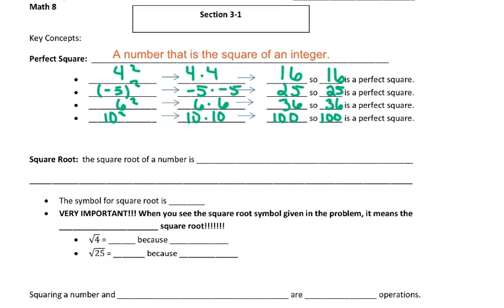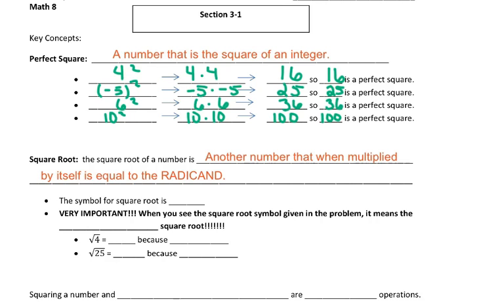Now let's move on to review what a square root is. The square root of a number is another number that when multiplied by itself is equal to the radicand. So we studied both of these terms in topic 1, and this is reviewing those terms.